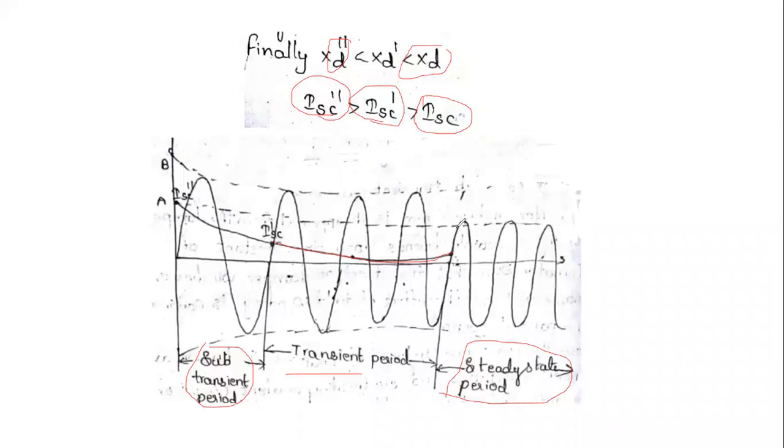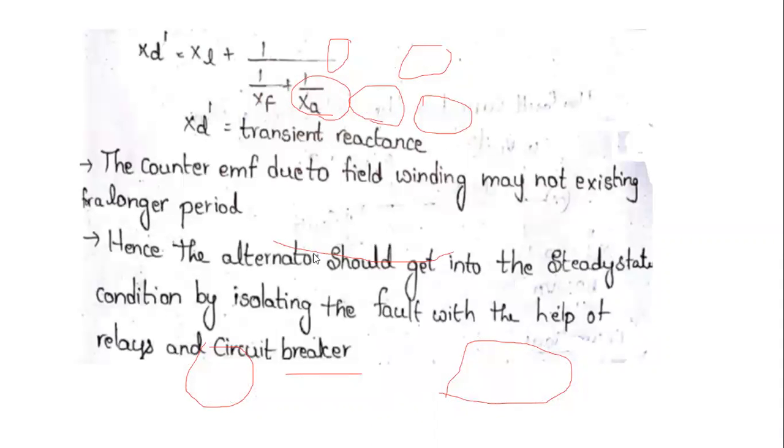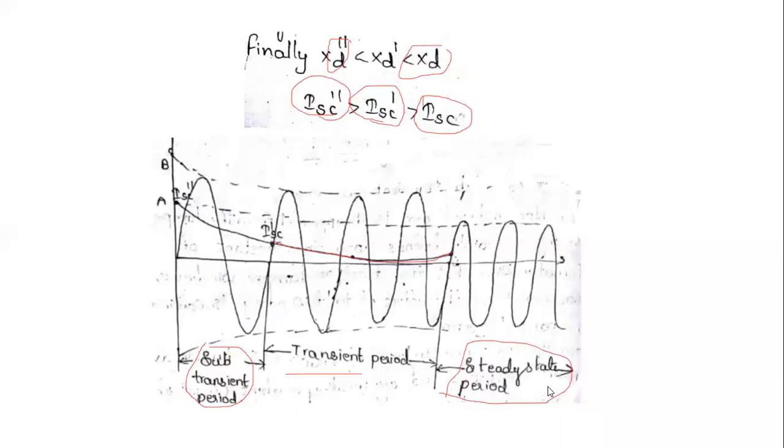Due to the field winding reactance, the counter EMF is not obtained for a long period; it is obtained for a short period only. After that period we call it the steady state period.